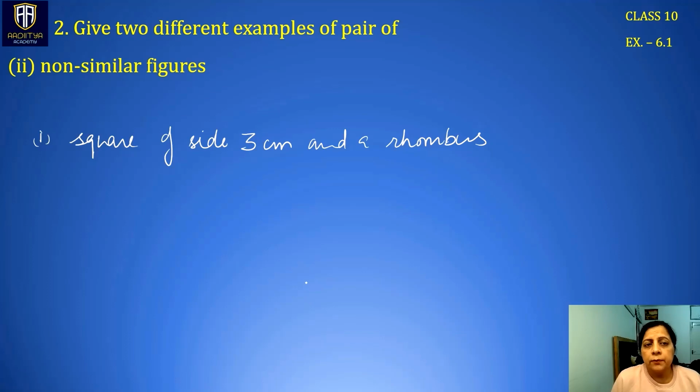But in the square, all the angles are 90 degrees, but in the case of a rhombus, they are not. So a square of side 3 centimeter and a rhombus of side 3. Though all their sides are equal, since their angles are not equal, they are non-similar figures.